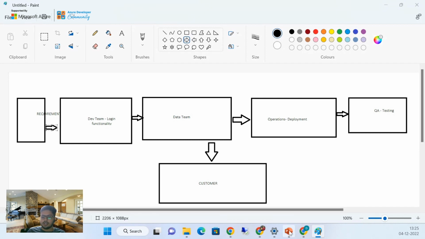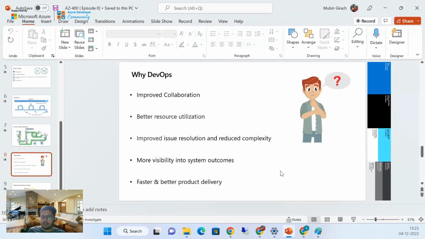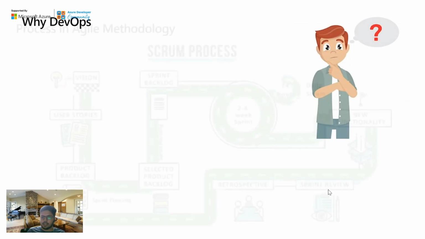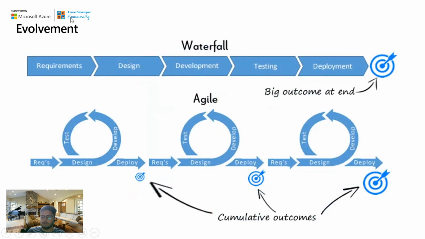So there won't be any one big failure or one big list of items which are missing at the end, which was there in the waterfall model.